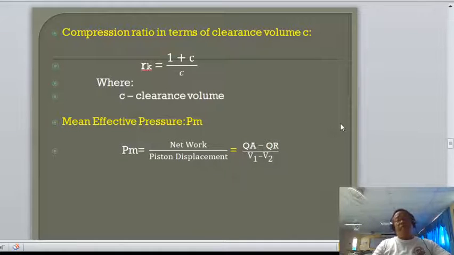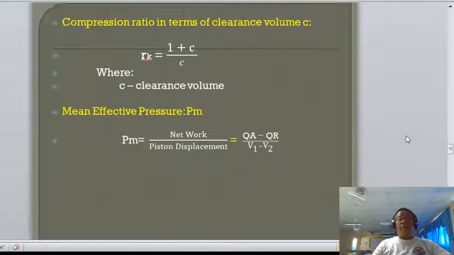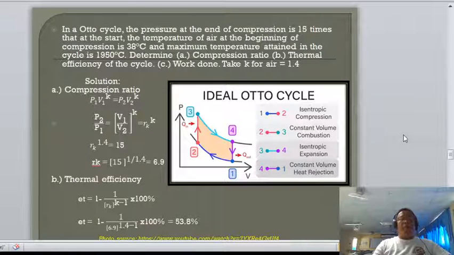Okay? Or simply that is QA minus QR over V sub 1 minus V sub 2. Okay. So, let us now proceed to the example so that we can apply all those formulas.